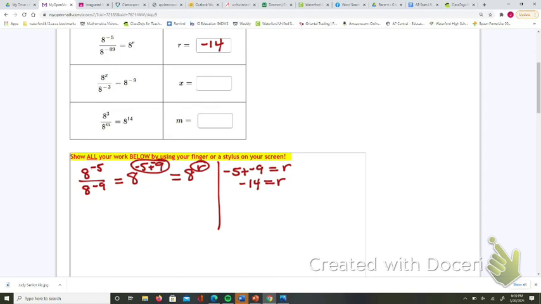Okay, number 2. 8 to the x over 8 to the negative 3 equals 8 to the x minus negative 3 equals 8 to the negative 9. Okay, now minus negative changes to plus positive, so we know that x plus 3 has to equal negative 9.